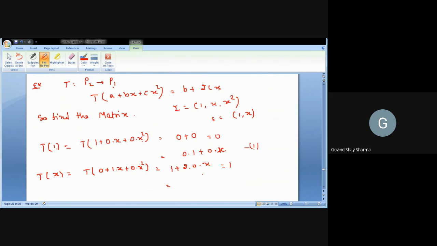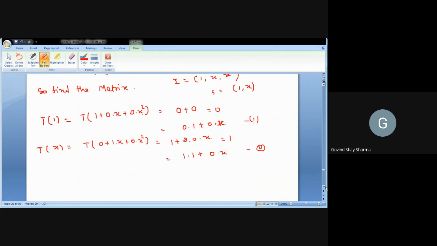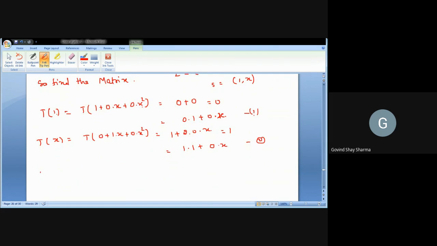It can be written in the basis form as 1 dot 1 plus 0 and 2, the basis of S. Now x square we can write as 0 plus 0x plus 1 dot x square.